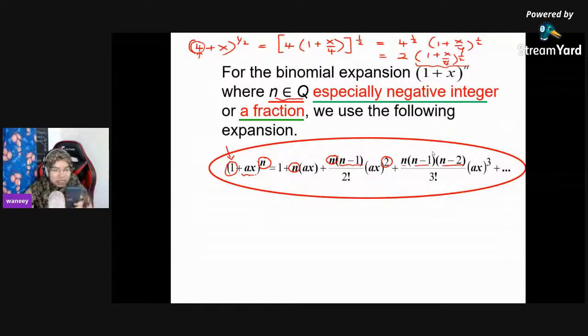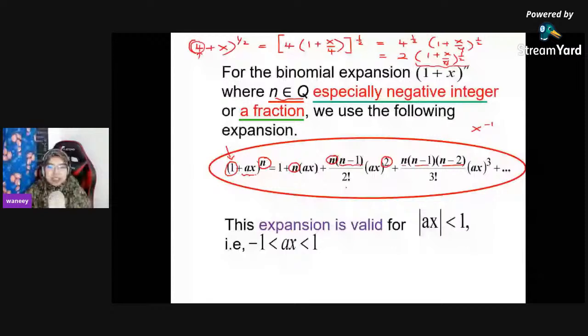So now, this expansion is valid for the modulus of x less than 1. So that means if you open the modulus sign, it means that x should be in between negative 1 until 1. So this expansion is valid for that range. So what does it mean?